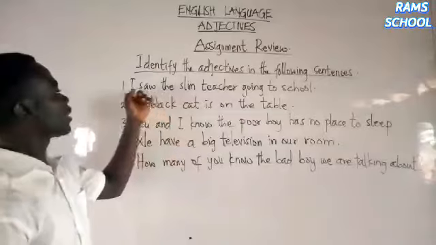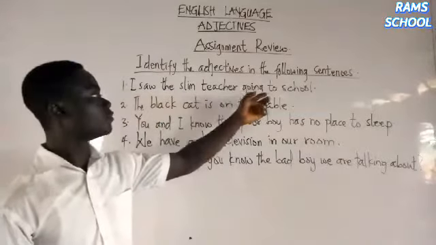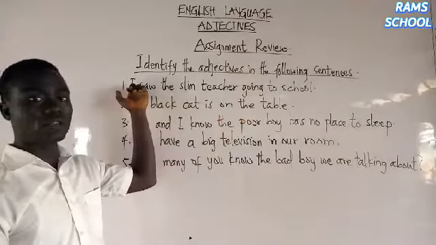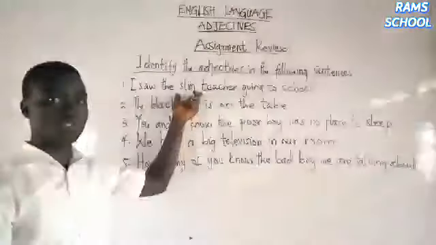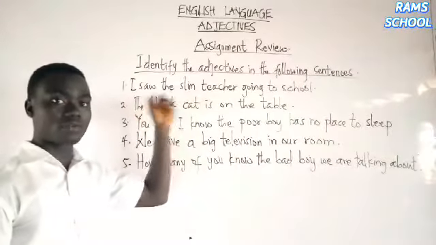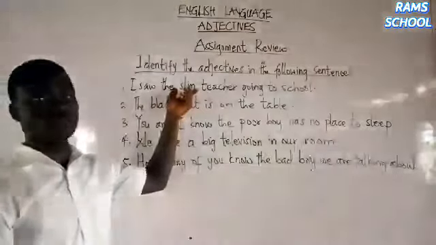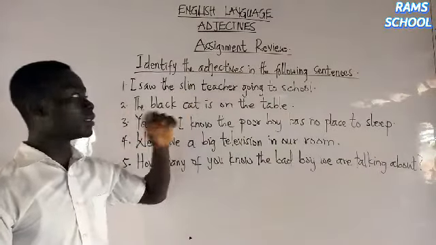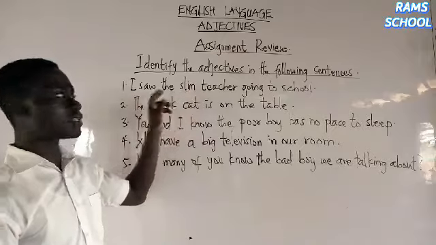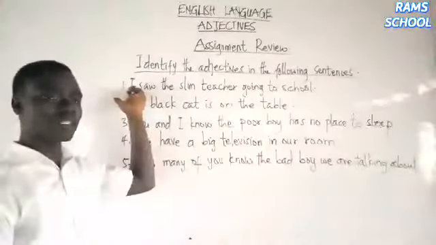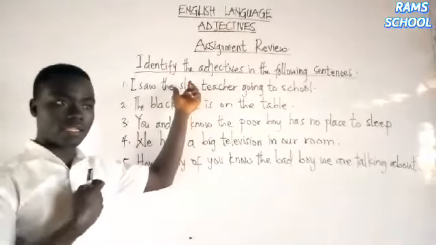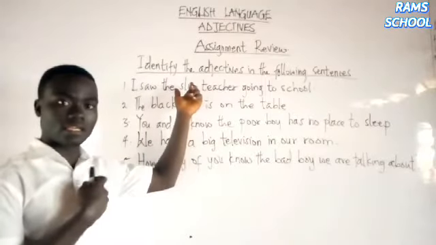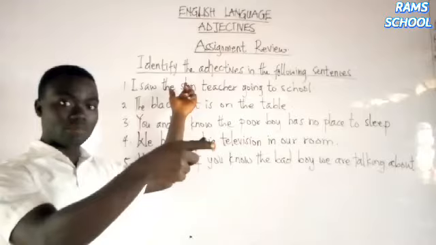Number 1. I saw the slim teacher going to school. I here is a pronoun, teacher here is a noun. But what word in the sentence is being used to describe either the noun or the pronoun? It's slim, right? But take note, the slim here is not being used to describe the I. The slim is being used to describe the teacher, because it says I, for instance, I, Sir Isaac here, saw the slim teacher.